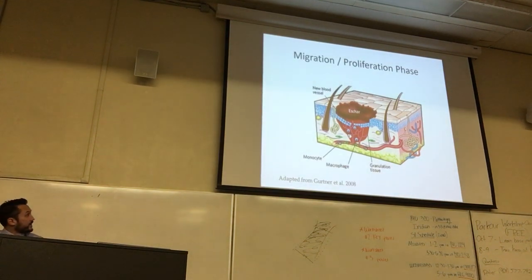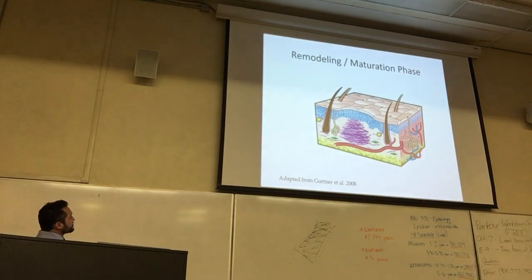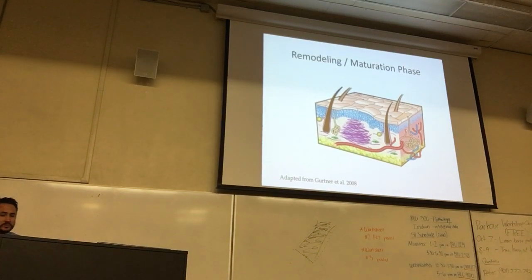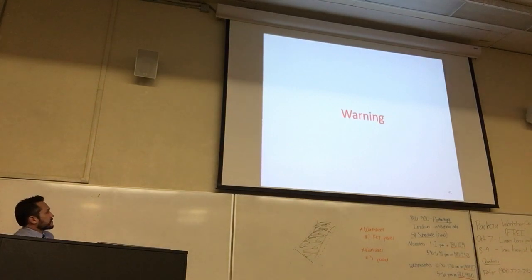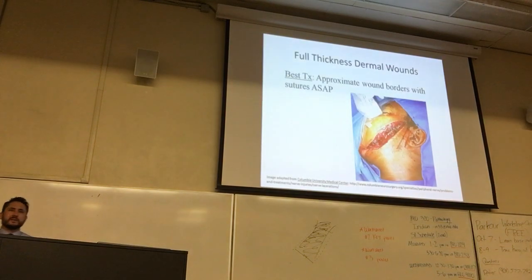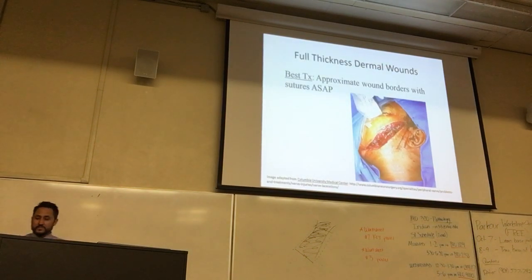And then as it remodels, or matures, after a period of time, you can appreciate this underlying scar that's present. So these are similar pictures from what we've seen before, just from a different author. So what the result is, and this is a little graphic, so I'm just kind of giving you a heads up. The result is we end up with lesions that look like this, clinically.